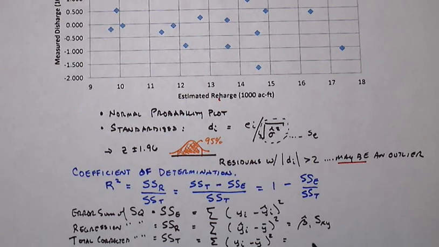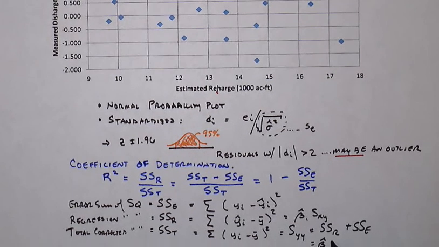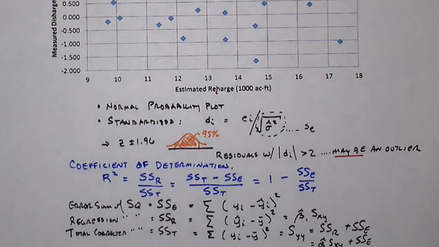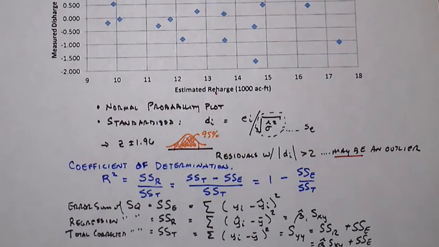And that, by the way, is the same thing as capital S sub yy, or capital S sub R plus capital S sub E. And that's also equal to beta hat 1 times S sub xy plus the error sum of squares. So those are all important and crucial to keep in mind.